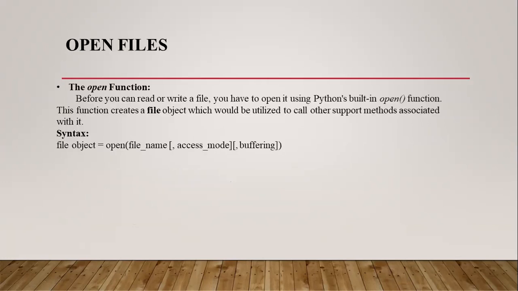When we want to do some operations on files, the first step is to open the file, and the different operations we perform on the file are reading and writing operations. To perform the read or write operation on the file, we have to open the file. This is the open function. This is a predefined function in Python.